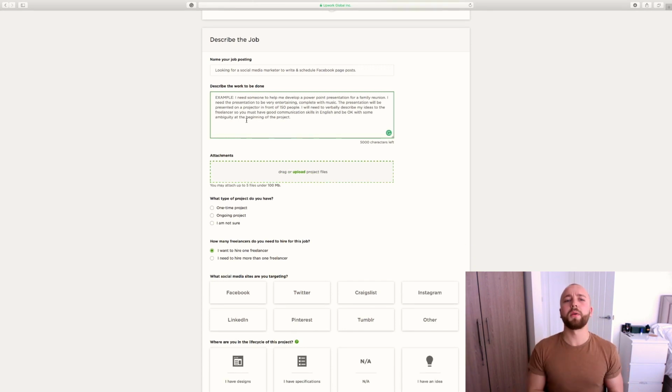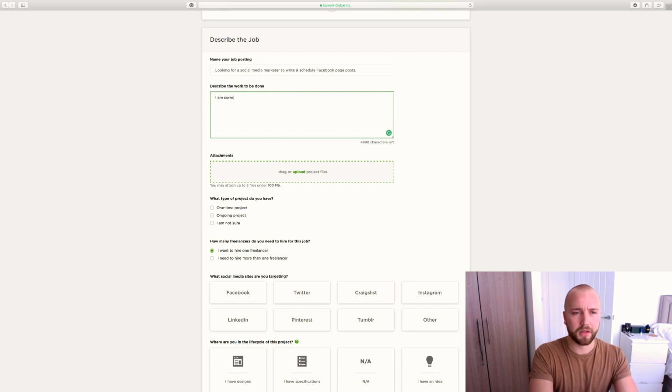Now we're going to describe the work that we need doing. So it's again just like the title. I mean, you just want to be as minimal as possible. You can go into the fact you have an agency or whatever. I didn't. I just kept it as simple as I could and just told people exactly what I was looking for. So to give them a little example, I am currently managing 5 Facebook pages.